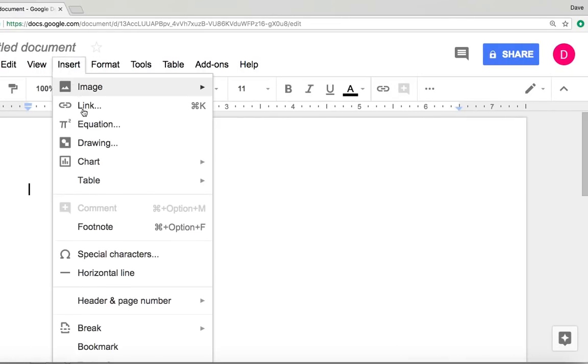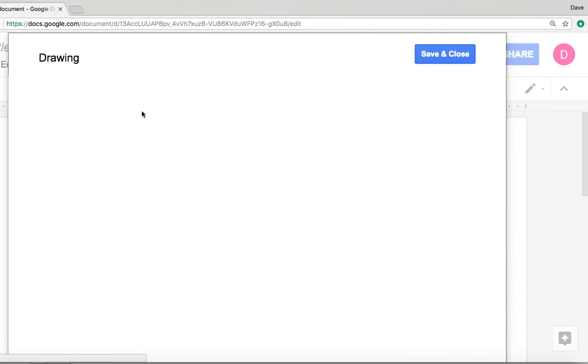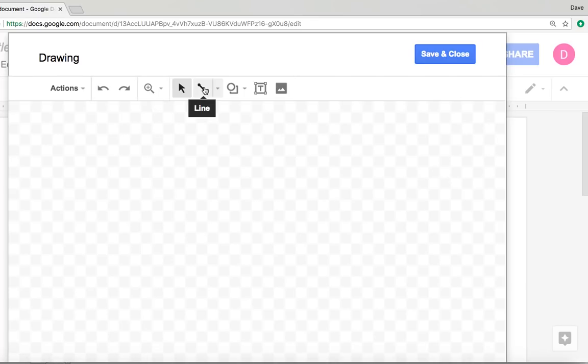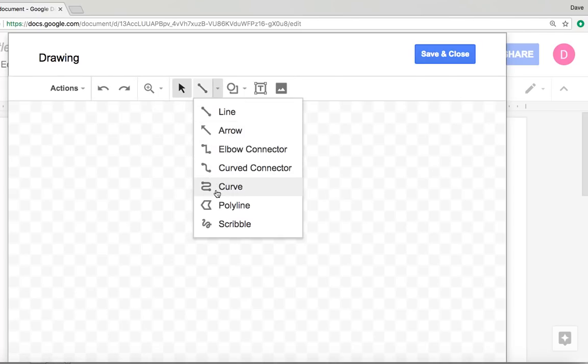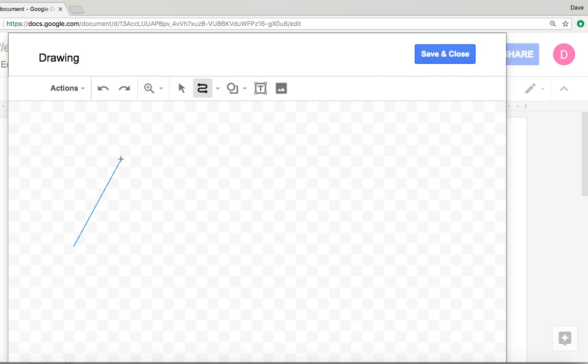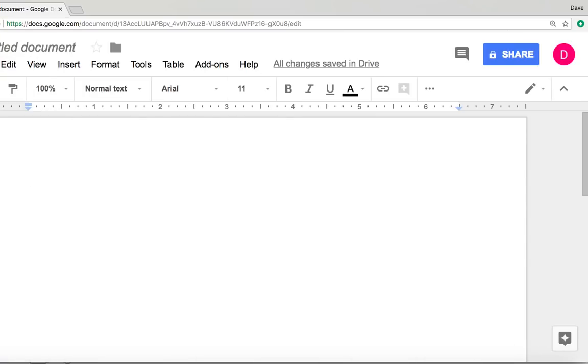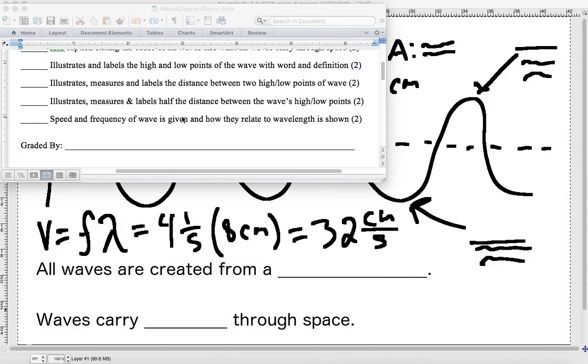Remember, you can insert, go to the drawing app, create your own curve, make it look a lot better than mine. Might take you a little bit longer than putting it on paper, but I will grade it a lot faster if you do that.